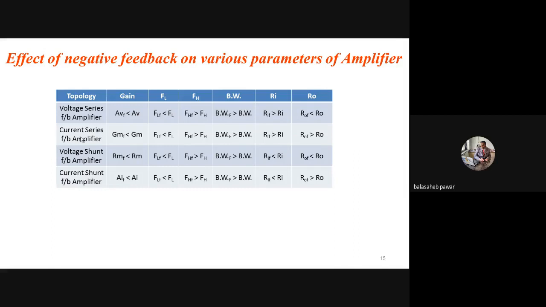So for the transconductance amplifier, as output is current, correlate it with the current amplifier. What should be the effect of negative feedback on output impedance? It will improve it, so Rof should be greater than Ro. Is it okay?